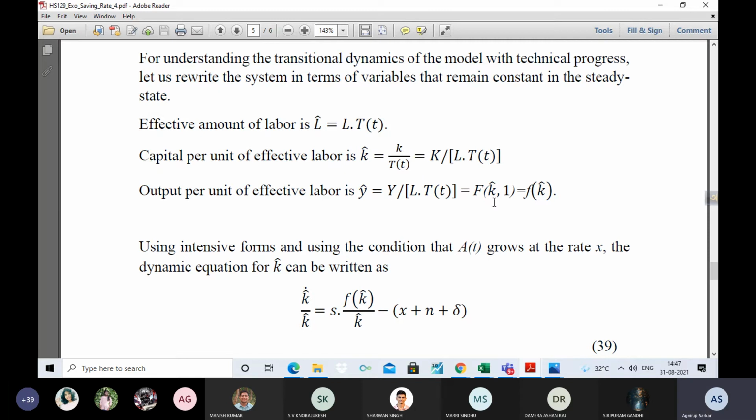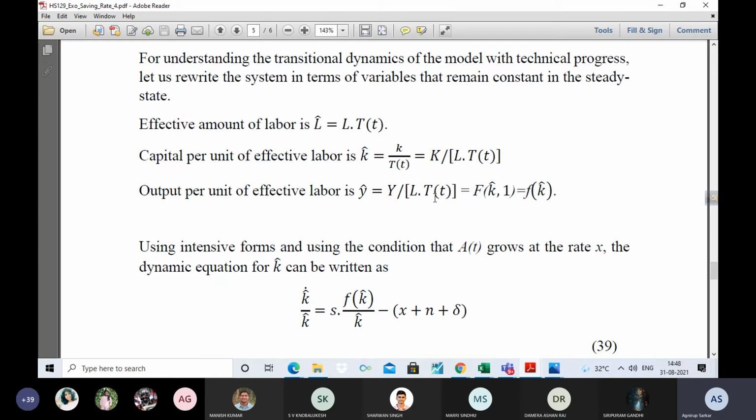So now what you can do is divide both sides by L. Output, capital Y, is a function of capital K and L. So divide both sides by L, I'm sorry, not L, this is actually L times T. Now we are talking about effective labor instead of labor.